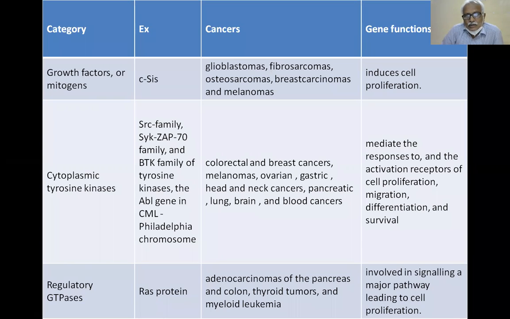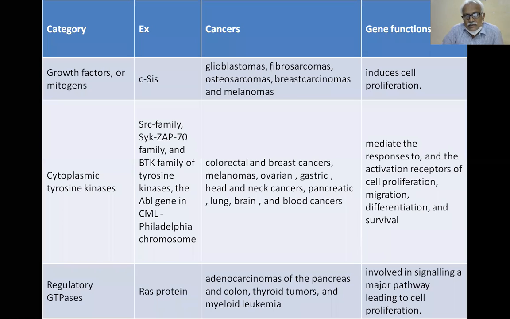And you know pretty well about the fibrosarcomas in the breast, fibroadenomas leading to sarcomas. Osteosarcomas are connected with the bone and the soft tissues around the bone, then breast cancers, and melanomas in the skin. These are color-producing moles, and they will finally turn into melanomas.